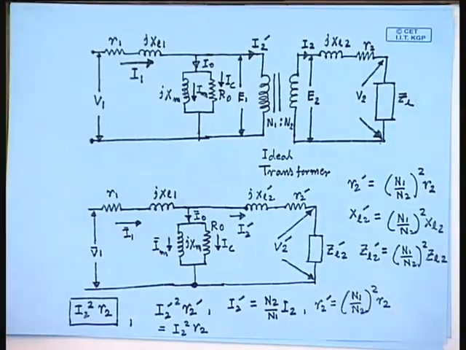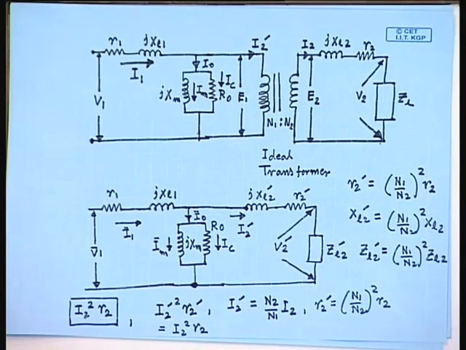So, we have seen that the load circuit can be referred to the source side by multiplying the load side parameter values, that is the impedances, by the turns ratio square.